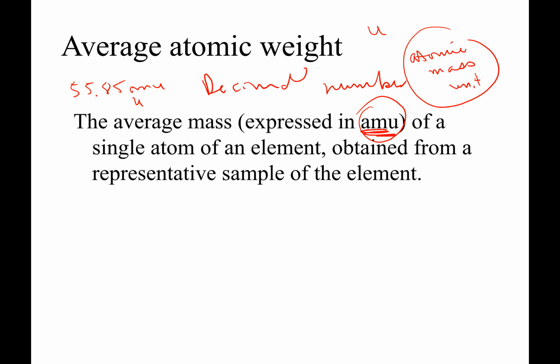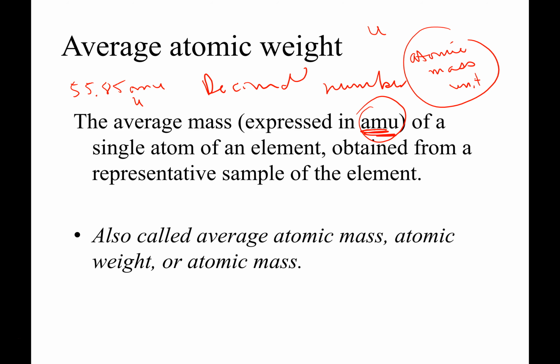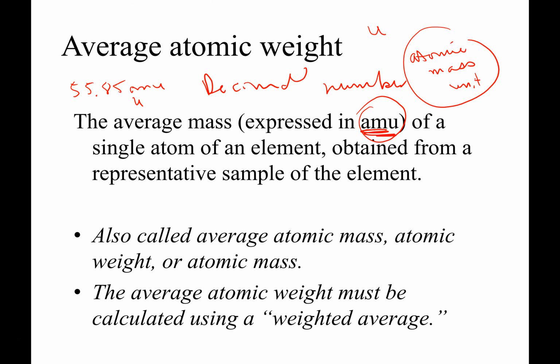But there's a little bit of consideration that goes into coming up with an average atomic weight, because we have to recognize the concept of isotopes. Average atomic weight is sometimes called average atomic mass, atomic weight, or atomic mass.